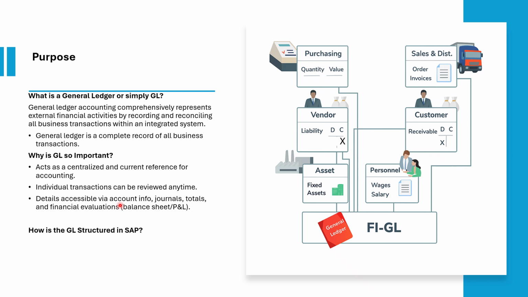So in SAP, the GL is part of the FI module, which is deeply connected with other modules like material management, sales and distribution, controlling, because every transaction, whether it is a sales, a purchase, a payment, or asset depreciation entries, eventually makes its way to the general ledger.